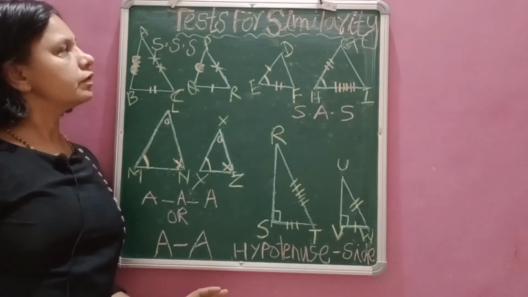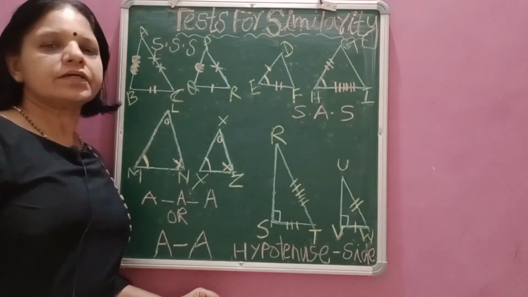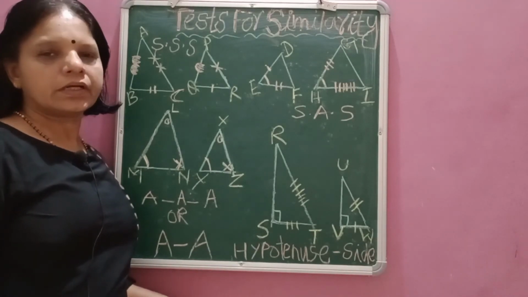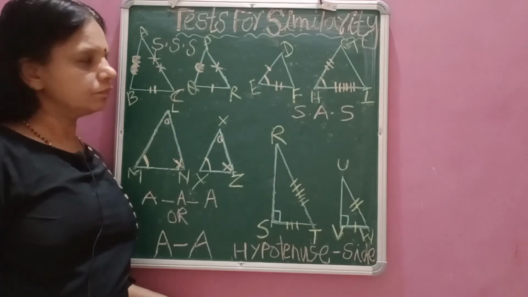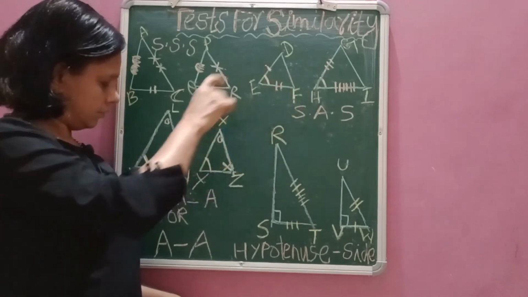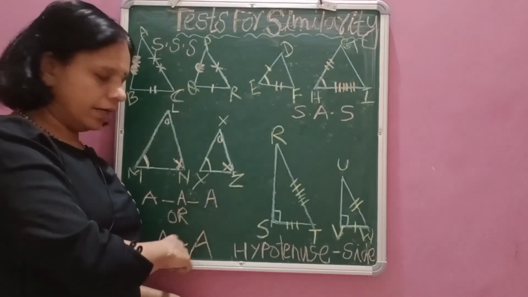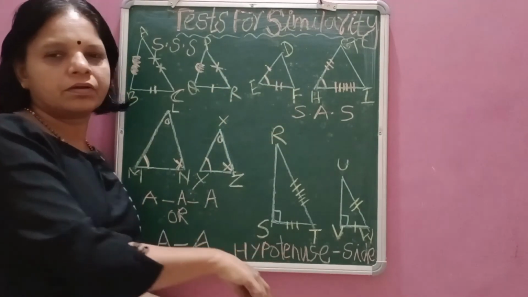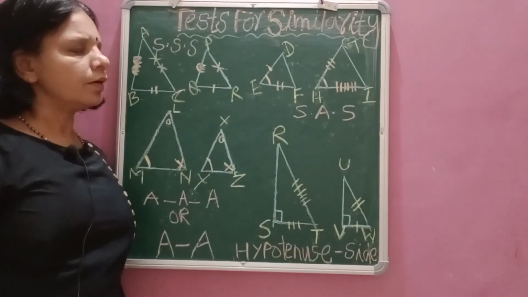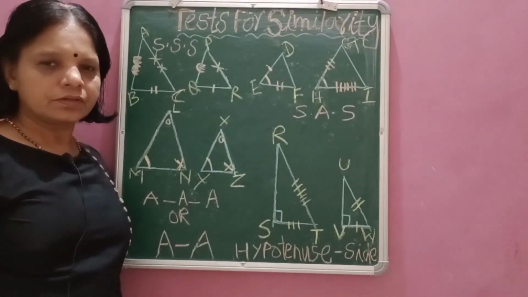Clear? That is what is meant by a test for similarity of two triangles. Clear? SSS, SAS, AAA, AA and hypotenuse side test. That is about the tests of similarity.